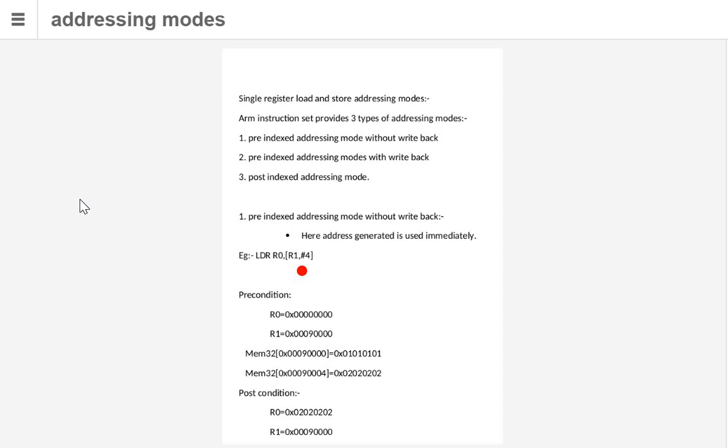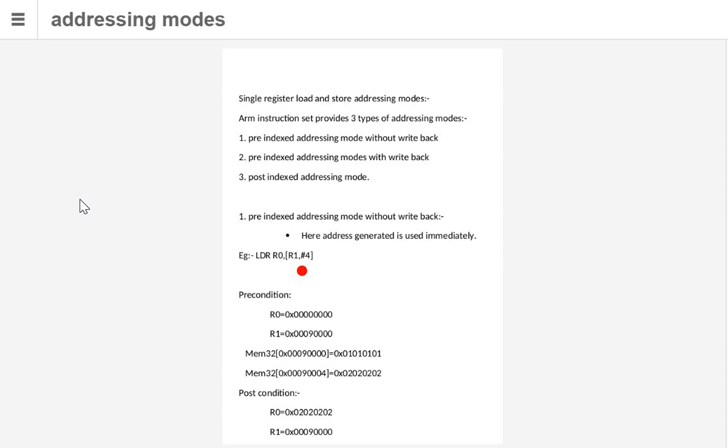Here we'll divide this instruction into 3 parts. First part is the opcode LDR. Second part is R0, which indicates your destination register, so I am going to load the register R0. The third part is your source, R1 and #4.